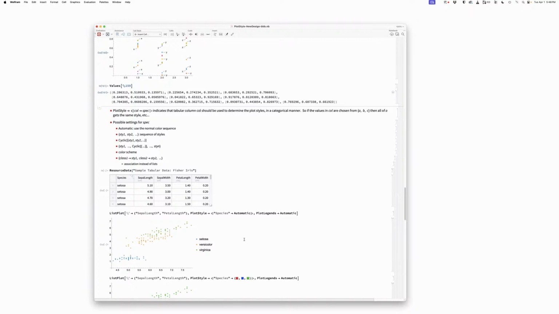Look at the next example. Okay. I see. So that's effectively indexing into a list.